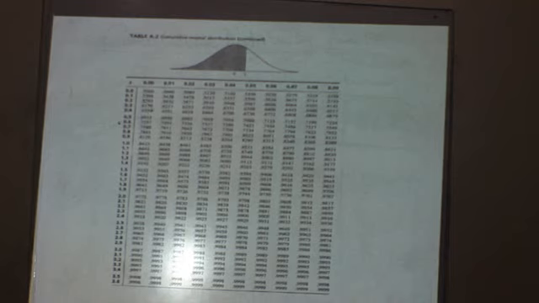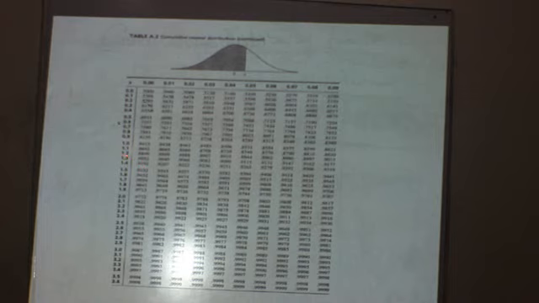Since 1.32 is positive, we consider only the positive side of the Z. We trace down the values of Z till we get to 1.3, and this is what the pointer is indicating.